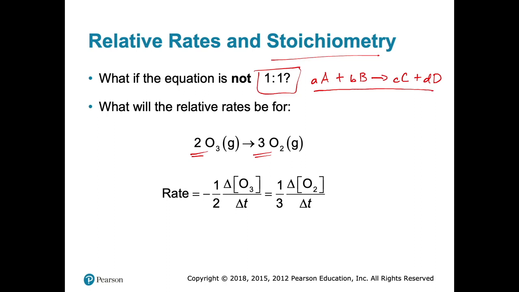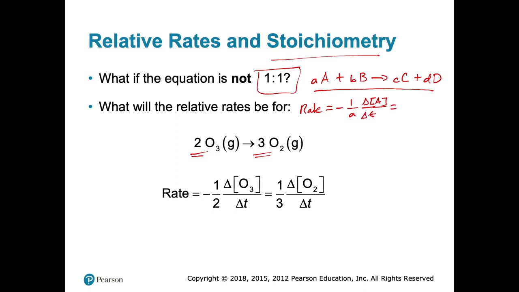We then know that we can make a general rate equation like this one right here. So the rate equals, for the reactants, it's always going to be negative: negative 1 over little a times the change in the concentration of big A over the change in time.